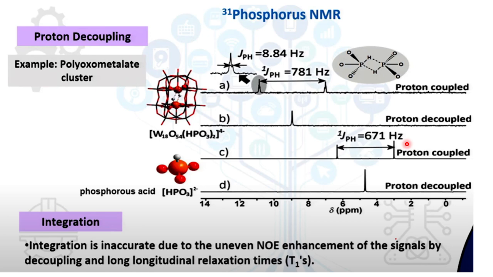Integration is inaccurate due to the uneven NOE enhancement of the signals by decoupling, because whenever you are doing the decoupling, the intensity will be a little bit reduced. This is proton decoupled, this is proton coupled, that's why you are getting two peaks. When that proton coupling is gone, you will get the single peak, that is because of the proton.